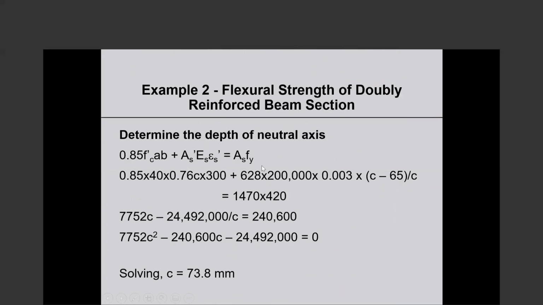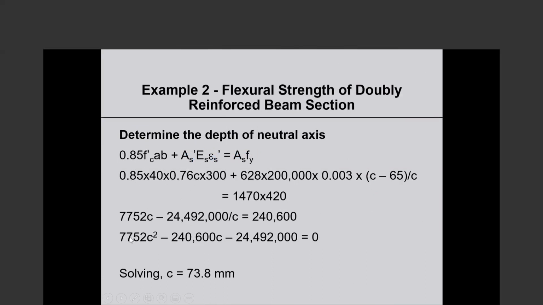Now the force equilibrium equation: compression force in the concrete, plus compression force in the compression reinforcement, equal to tensile force in the tension reinforcement. We put all the numbers in. You notice that we write a equal to 0.76 c, so that everything is in terms of c.